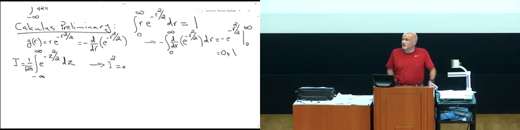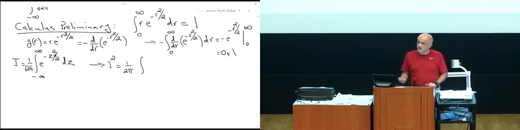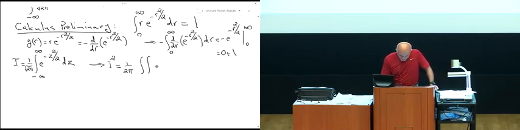If I want to square this, then I need two variables. So 1 over square root of 2 pi becomes 1 over 2 pi. And I have an integral. I'm going to express this I in terms of two different variables, x and y. So I have a double integral e to the minus x squared plus y squared over 2 dx dy.